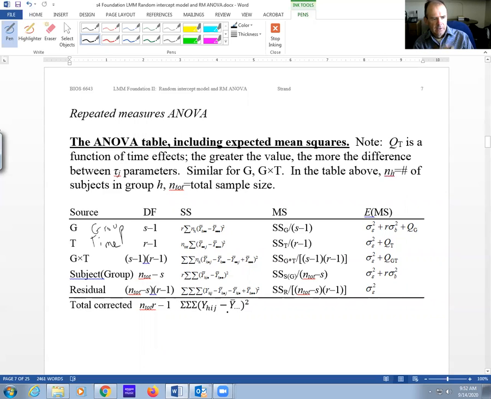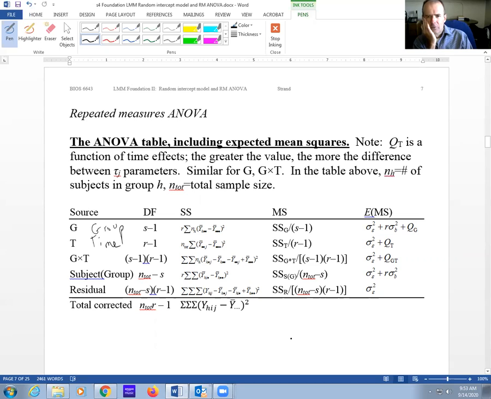Where we just take a value and see how different it is from the overall mean. You square that, and then you do that for all the values in your data. That's the total variability, and we've broken that down into different sources of variability. And from this, we can run our tests, right? We get our mean square value for each source, and we divide it by the residual mean square.